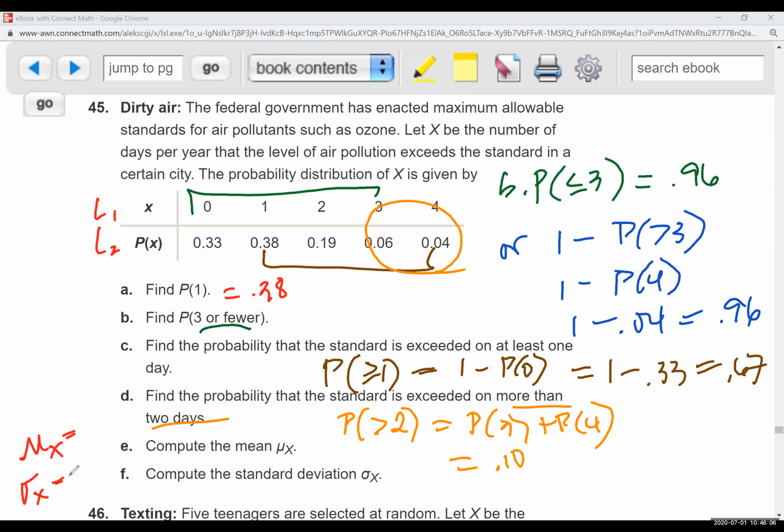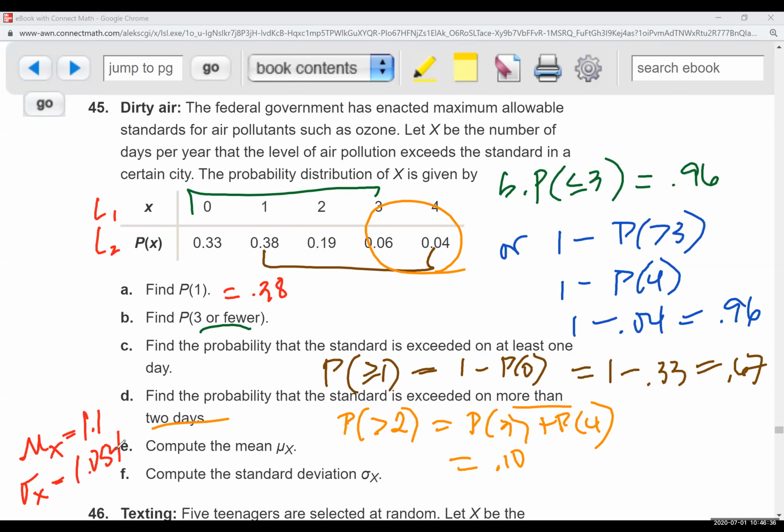So 1.1, that's correct. And the standard deviation is 1.054. All right. Thank you.